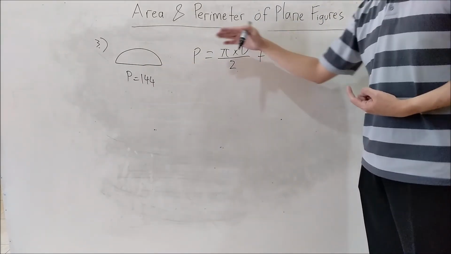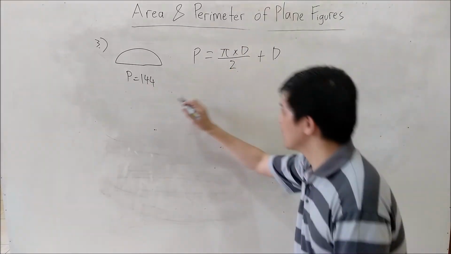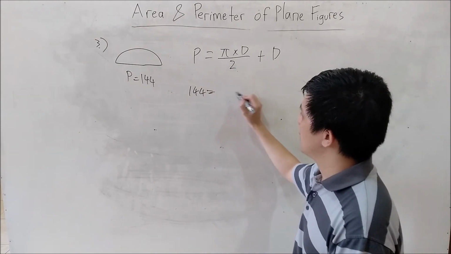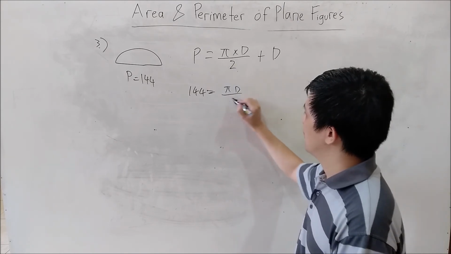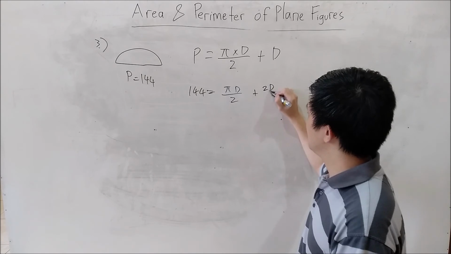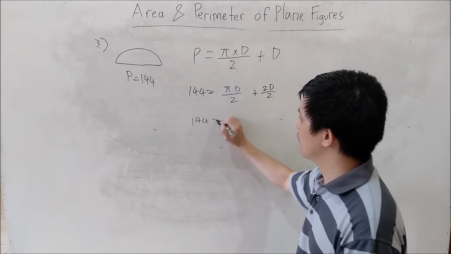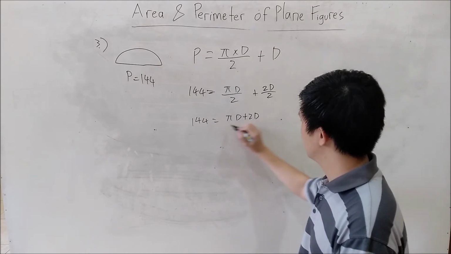So we just have to finish this using algebra. Your perimeter is 144, and then pi times d, we call it pi d, plus this is 2d out of 2. So you have 144 equals to pi d plus 2d over 2.